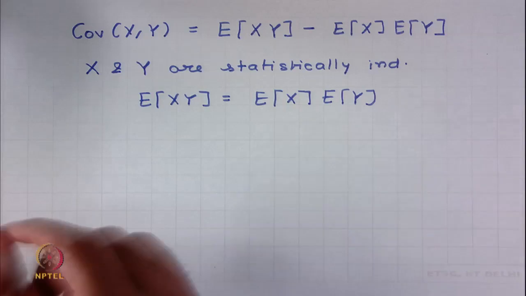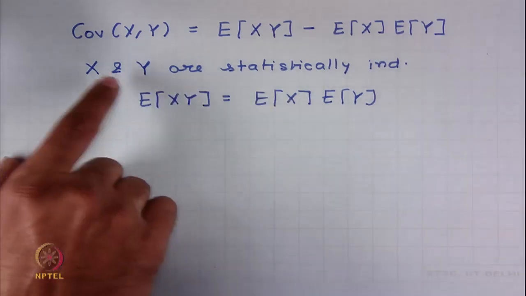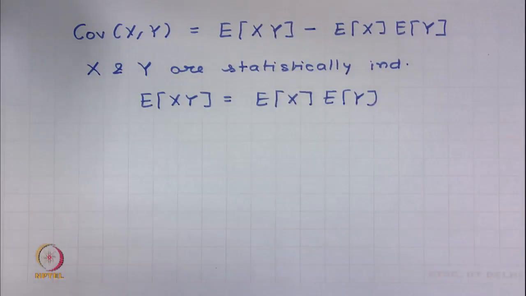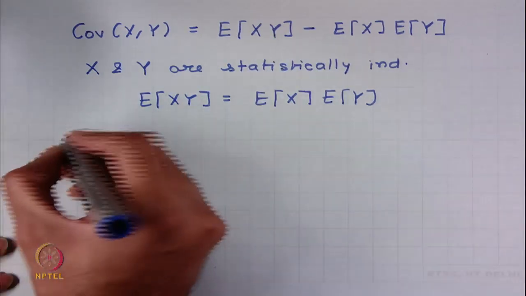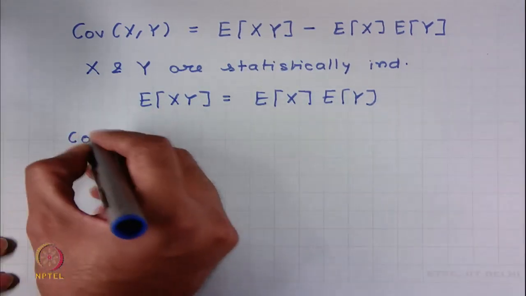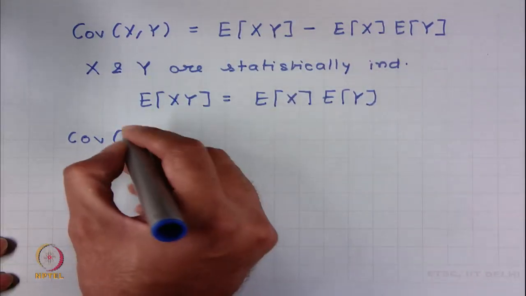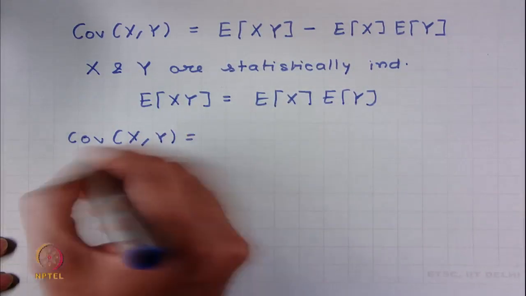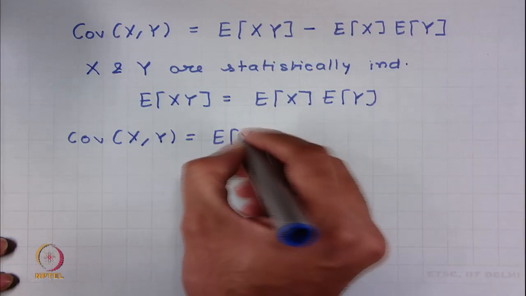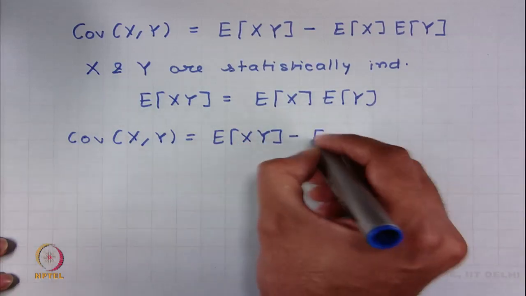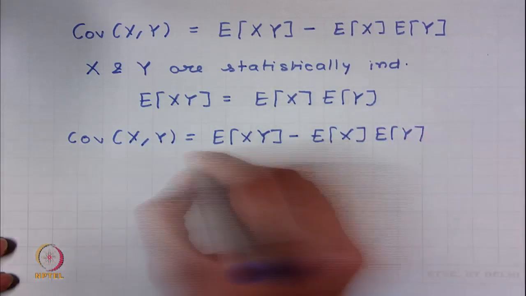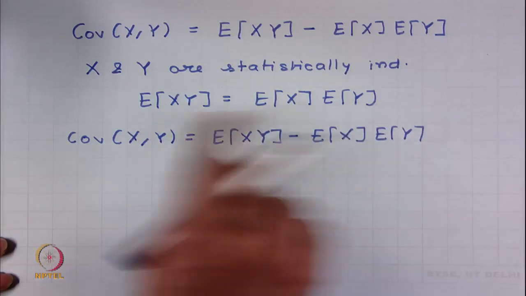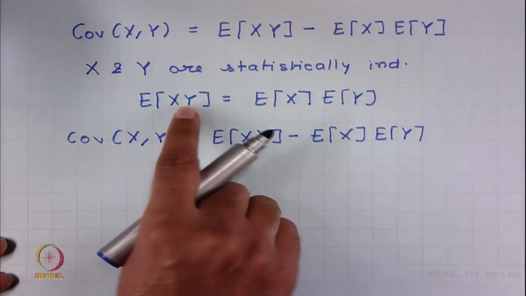Let us see what happens to the covariance of these two random variables if x and y are statistically independent. We will see something very interesting. If you assume the two random variables to be statistically independent and compute the covariance, which by definition is this, we can simply substitute the expected value of x y for statistically independent random variables.